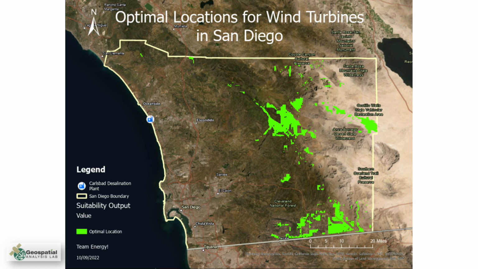After performing the suitability analysis, we calculated that there was a total of 494 square kilometers of suitable land, mostly on the northeast and southeast quadrants of the map, symbolized in green. The available optimal land covers a large portion of San Diego County, more than is needed to power the plant.